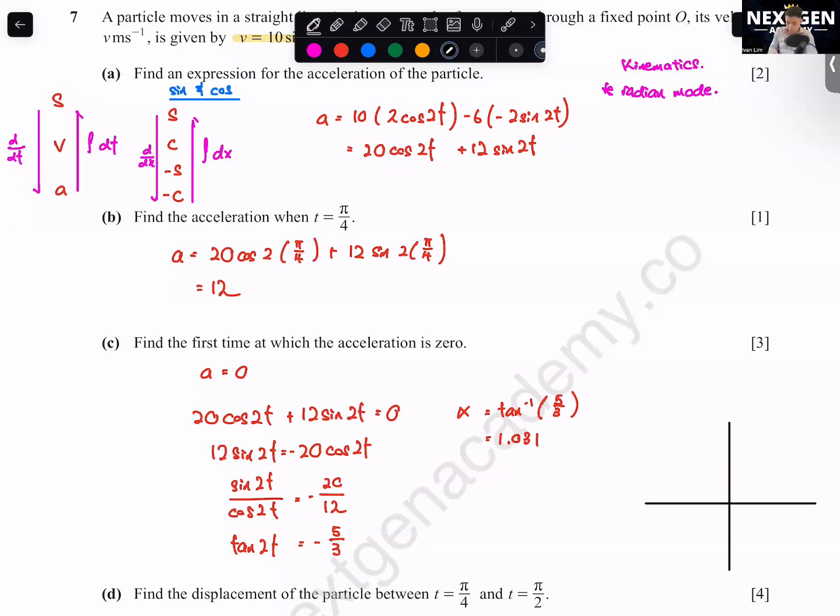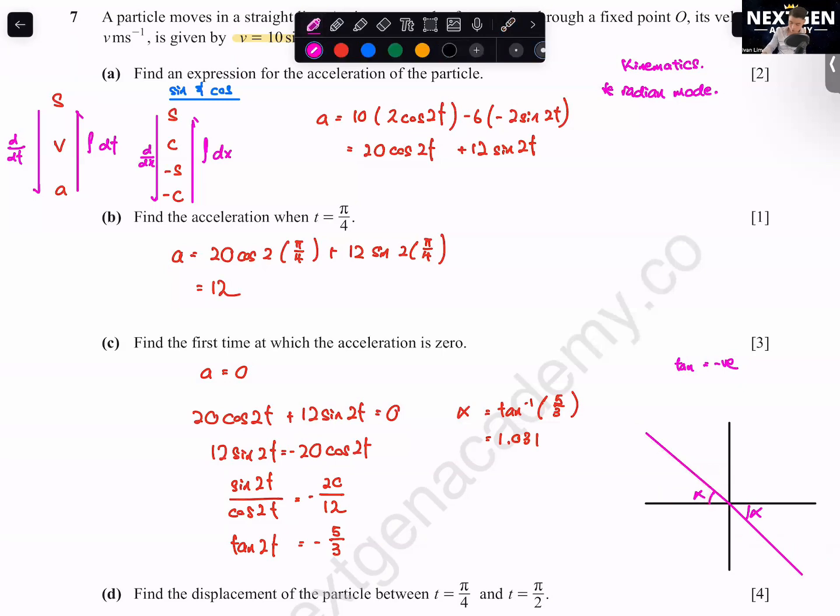They say the first time at which acceleration is 0. When tangent is negative, which quadrant will it be in? Second and fourth quadrant. But we only want the first time, so we don't need to calculate the second. Just calculate for this quadrant.